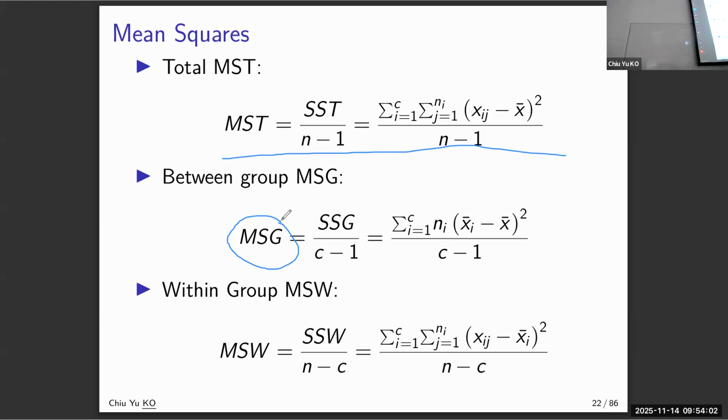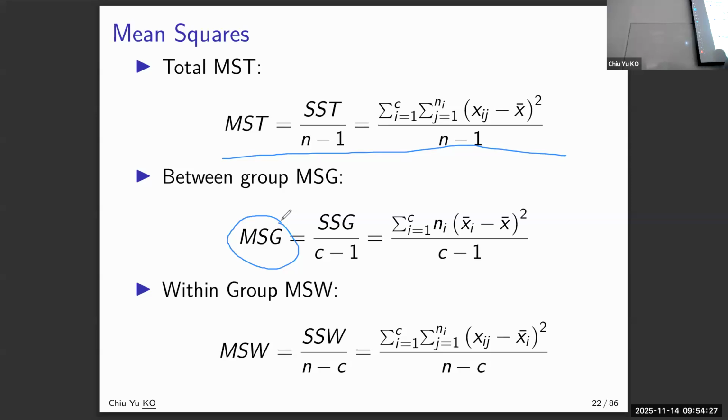You only have C different groups, right? So that's why you divide by C minus 1: because you only have C groups, and you fix all the C, the last one is fixed, so the degree of freedom is C minus 1, okay? Because you only have C actual numbers.